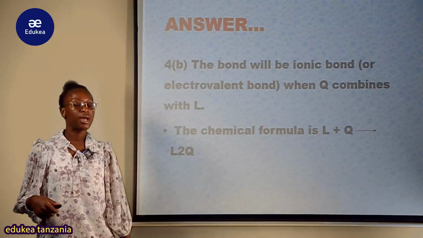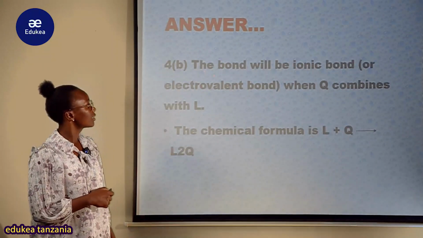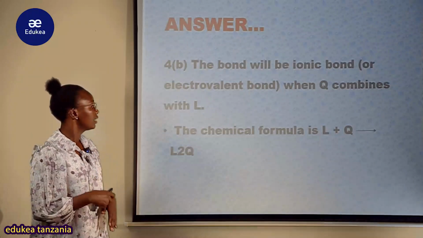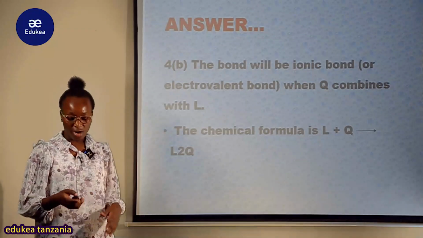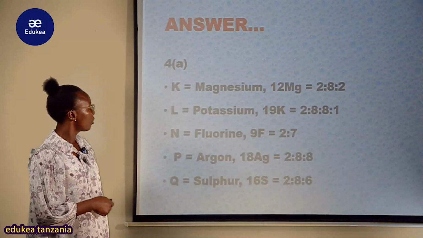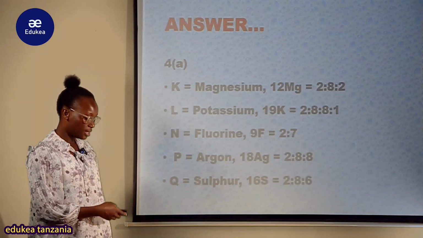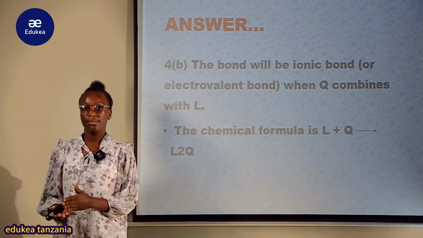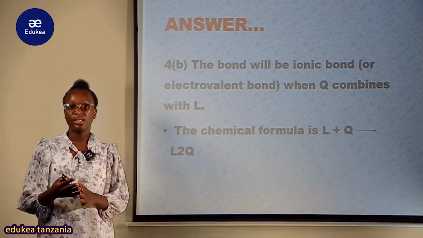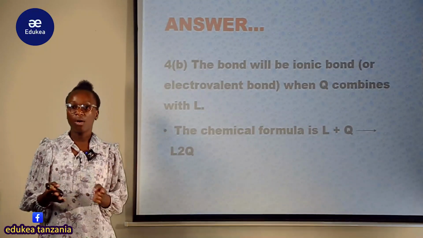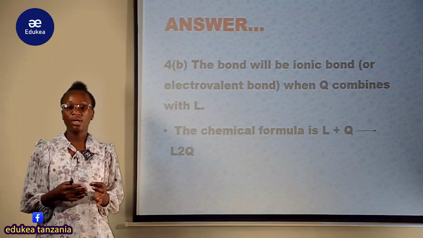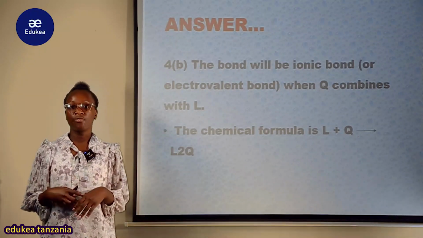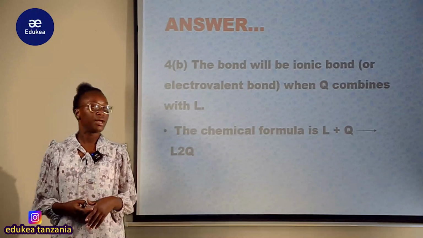But now students were required to state the kind of bond ambayo itakuwa involved, and hapo the L and the Q will combine. Obvious L tumeona kwamba ilikuwa ni potassium, lakini Q ni sulfur. Kwa hiyo kumbe ni potassium sulfide, therefore kuna metal and non-metal, and the bond ambayo itakuwa involved katika combination ya metal and non-metal obvious ni ionic or electrovalent bond.